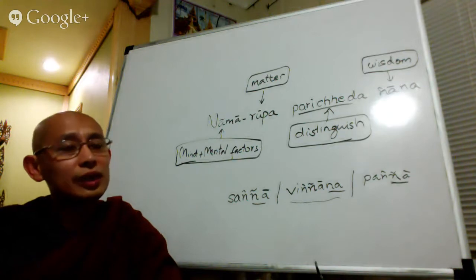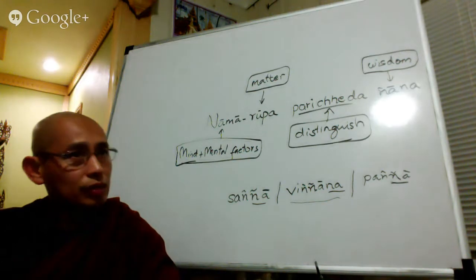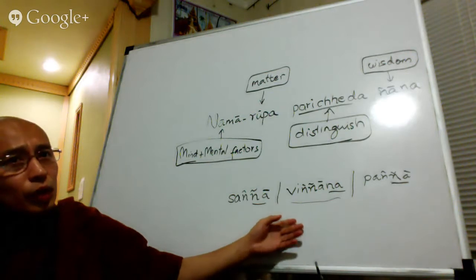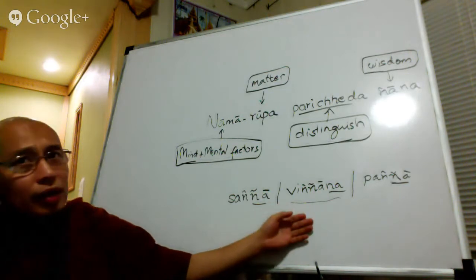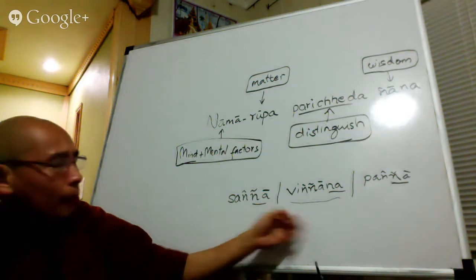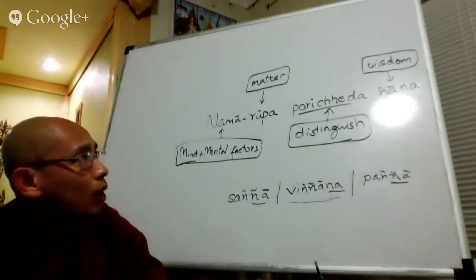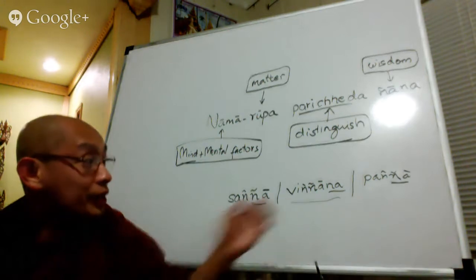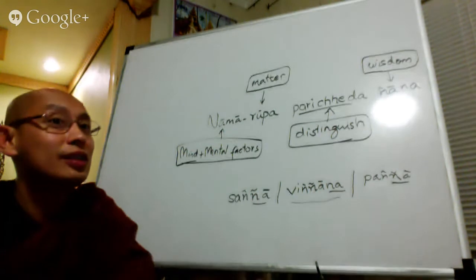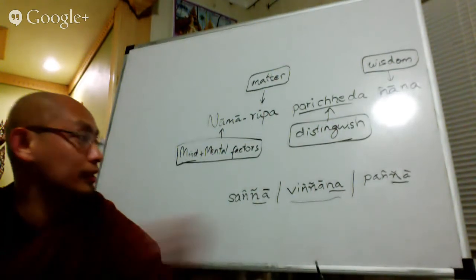We translate it in English as consciousness, but Pali uses a different vijnana. We call it Burmese, vijnana, from vijnana.